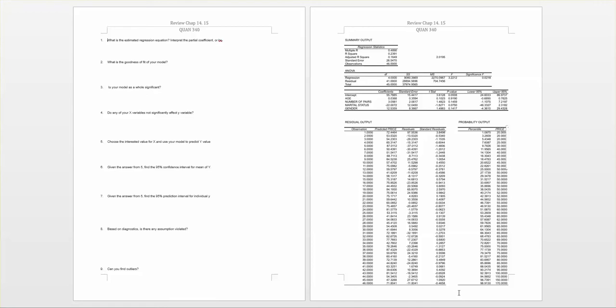And at the same time I ask you to interpret the slope or the partial coefficient, B. We always find the estimated regression equation from the third part of our regression output. If you look at the second page of this handout, I put an example there. The third table shows the intercept, age, number of pairs, marital status, and gender.